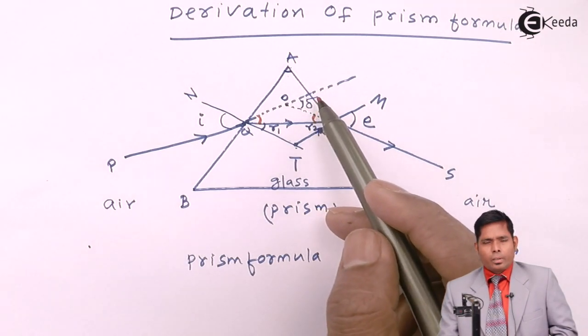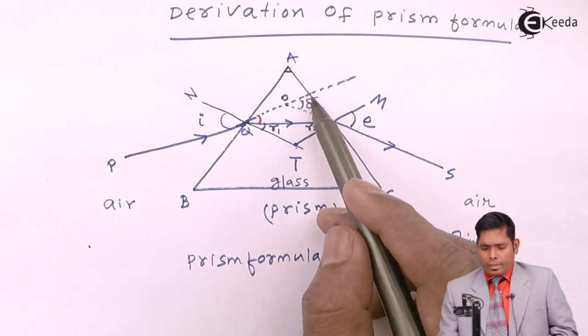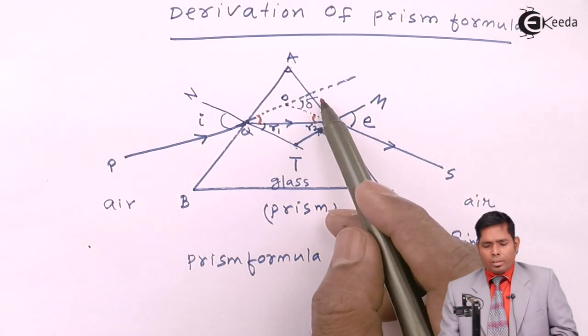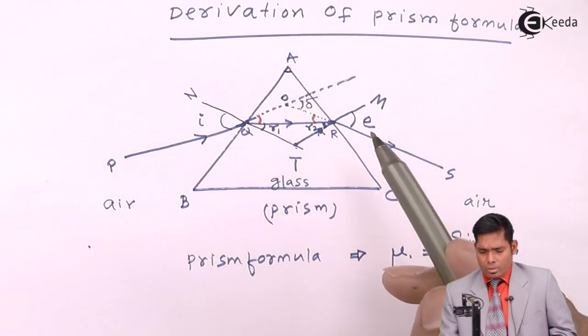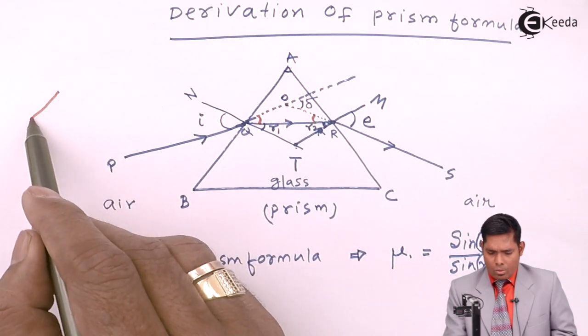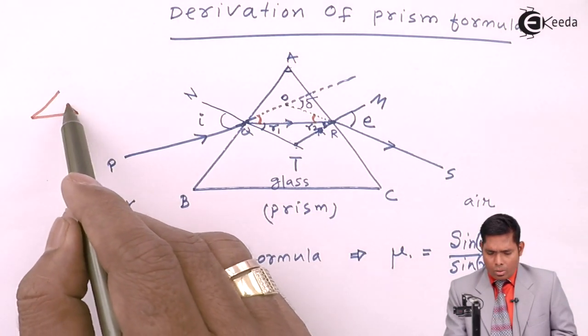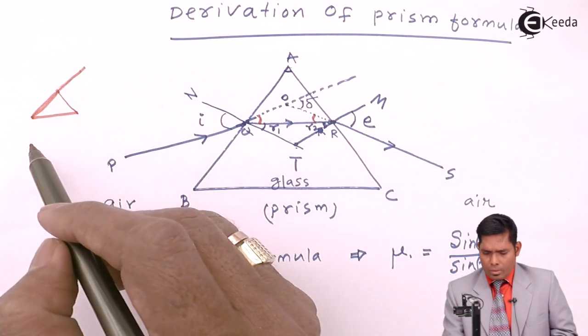According to the exterior angle formula, the exterior angle is the sum of the two remote interior angles. So this triangle is like this: O, Q, R, and this is extended. This is the extension.